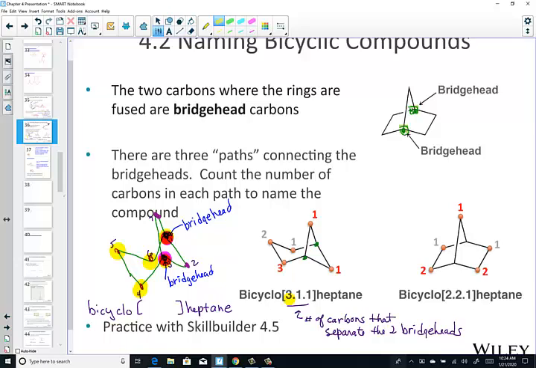That's the longest I see. So I can see that there's 3 carbons. It's the biggest number, so it's printed first. Then the other direction, I see just 1. And in the next direction, I also see just 1. So 3.1.1 is the numbering of the carbons that separate the 2 bridgeheads. So bicyclo[3.1.1]heptane.